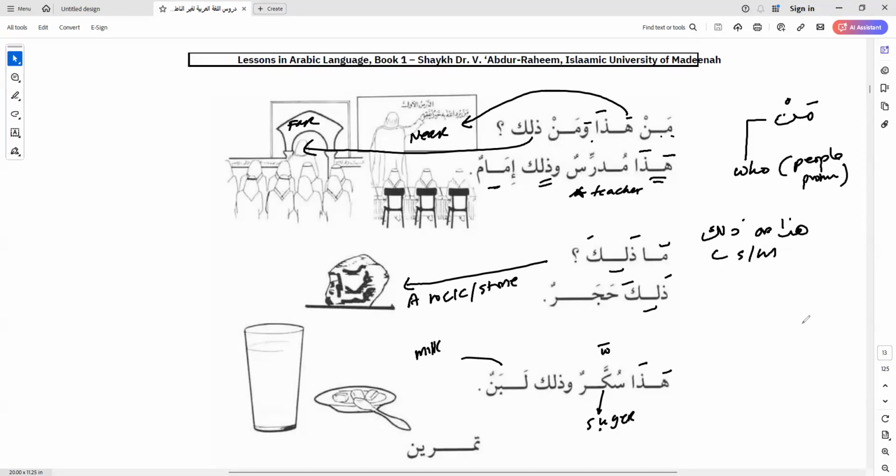Some Arabs call that halib, but in this book, it's been referred to as leban. Some people say halib, milk. But for now, let's call it leban. Sugar here. سكر. هذا سكر وذلك اللبن.